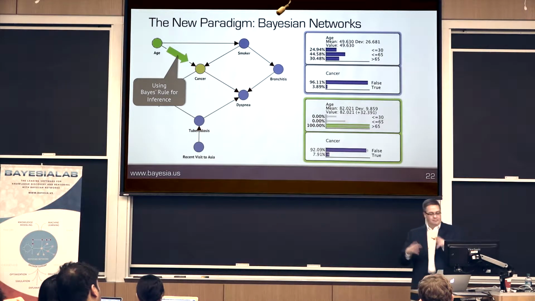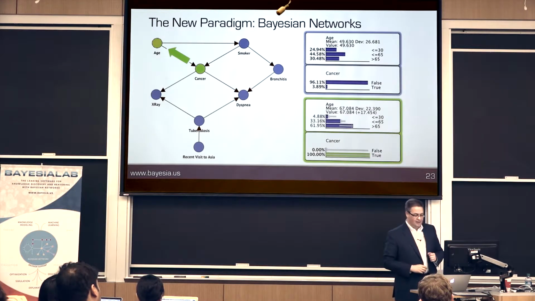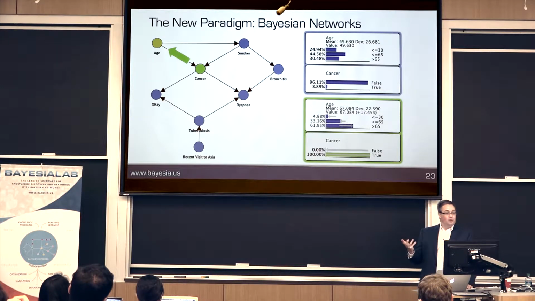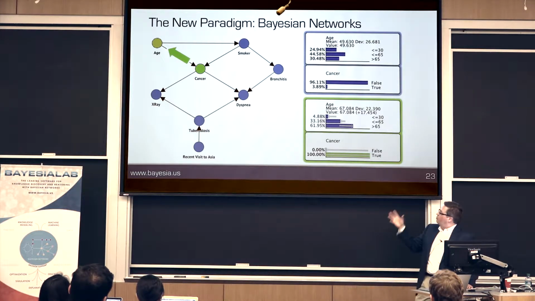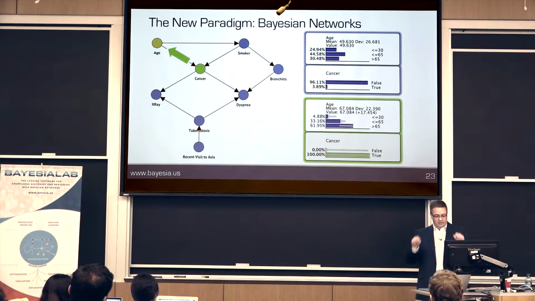So this is the first type of inference. Now, in a Bayesian network, you can also immediately do the opposite. We can perform inference in the opposite direction. And let's reset everything, go back to the marginal distribution. We're back to the blue panel. And now, instead of setting evidence on age, we set evidence on cancer.